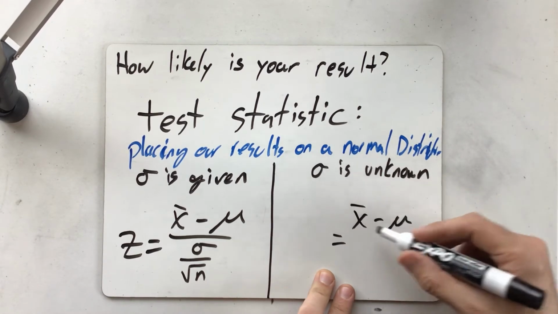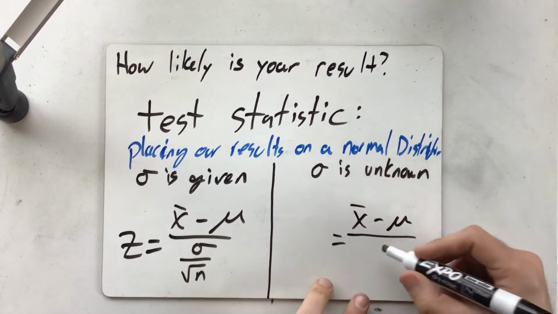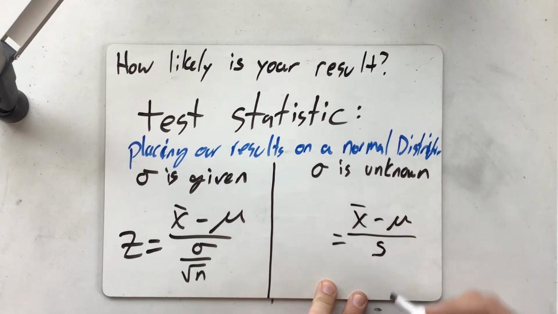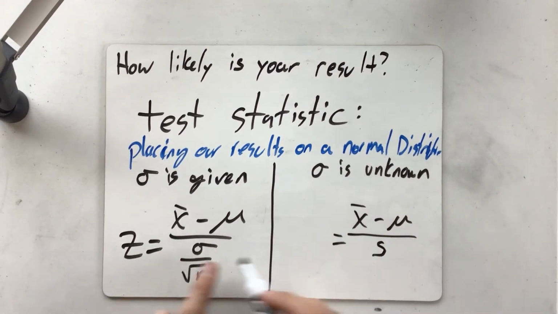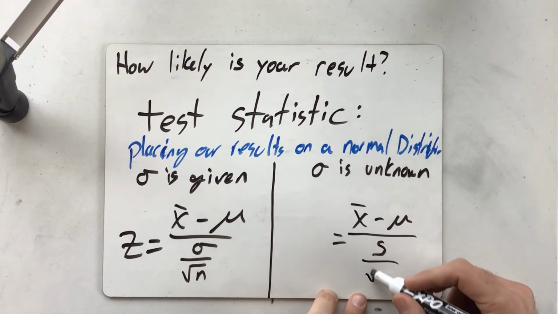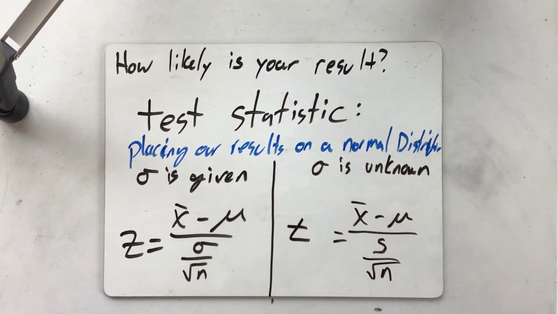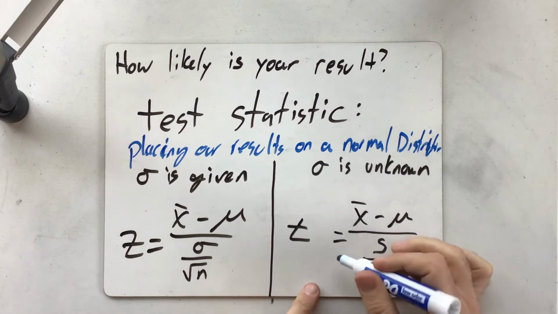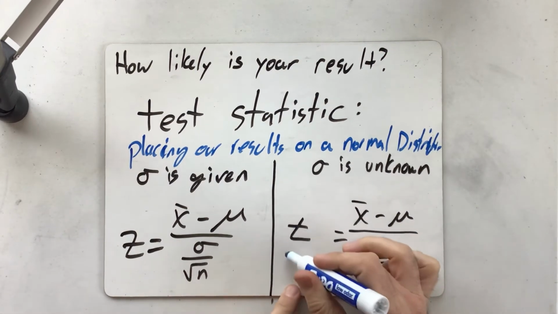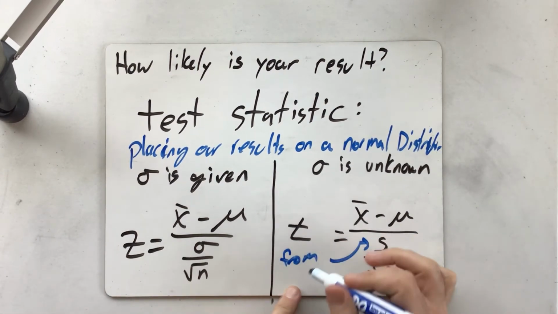I heard you all the way at your home, even in the future, that what we put inside is s. So instead of using sigma, we use s. And we do the exact same problem, except now we're going to do t instead of z. So we switch our z to a t, and we switch our sigma to an s. What's the only difference now? The difference is this s is from your sample.